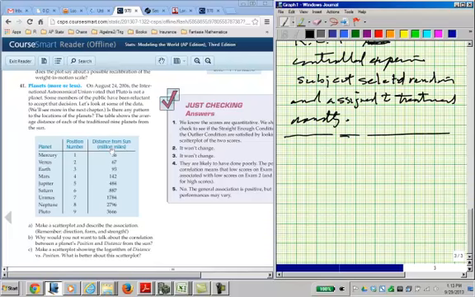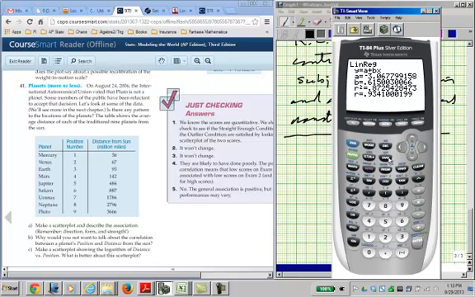So let's do a scatter plot for 41. I get my calculator here, and I'm going to stat, edit. I'm going to clear out these two columns. Since I haven't reset the calculator recently, the diagnostic is still turned on. So 1, 2.